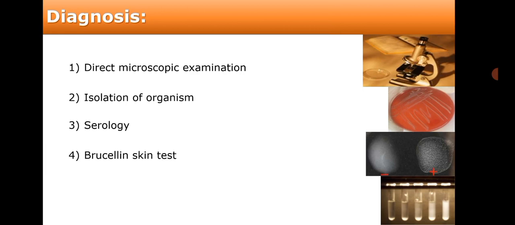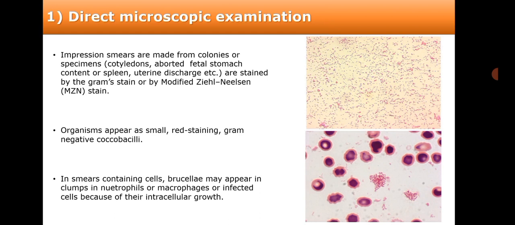Organisms appear as small red-staining Gram-negative coccobacilli. In smears containing cells, Brucella may appear in clumps in neutrophils or macrophages or infected cells because of their intracellular growth.